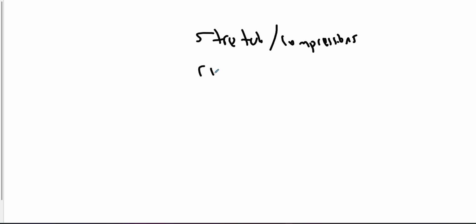Then you can write your reflections. Now, there's technically a little bit of leeway, if you write reflections first and then stretches and compressions, that's fine too. But these two things have to be first, stretches, compressions, or reflections, before translations.